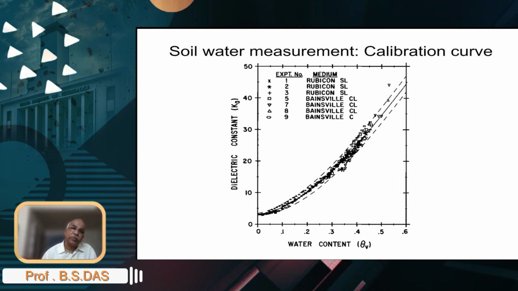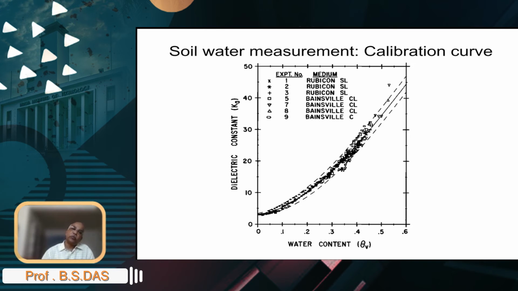And here actual measurements are made of the dielectric constant, for different soil types, these symbols that you see, with water content, and you could see that almost across different soil types, the relationship between dielectric constant and water content is unique.